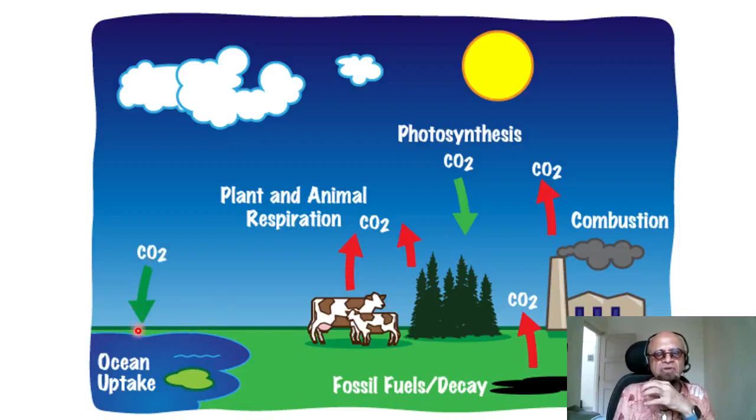So sinks into the ocean, sinks into the vegetation, but there are lots of sources of CO2. All the animals that eat something, like cows and us, we eat things and we breathe out CO2, right? So plant and animal respiration. Photosynthesis is where you are locking up CO2, producing hydrocarbon, sugar, carbohydrate, and so on.